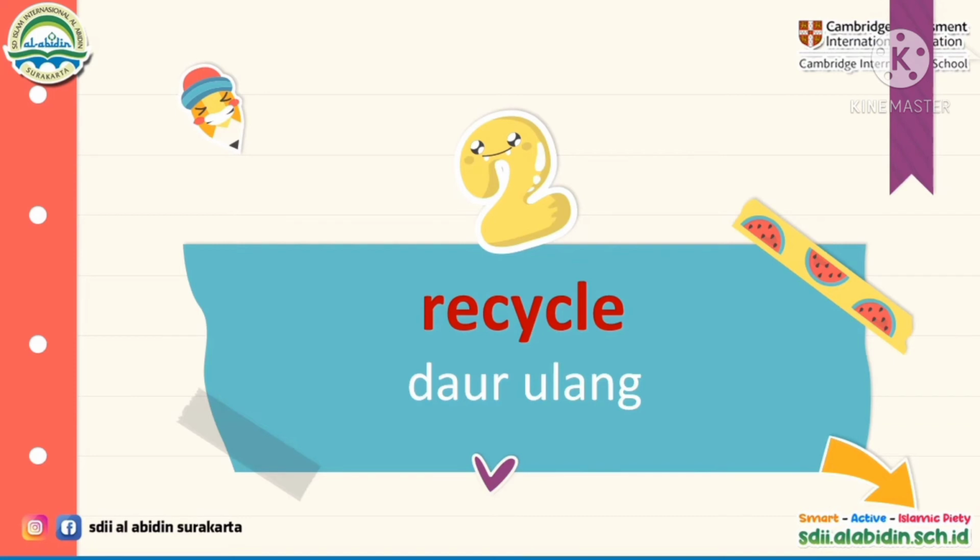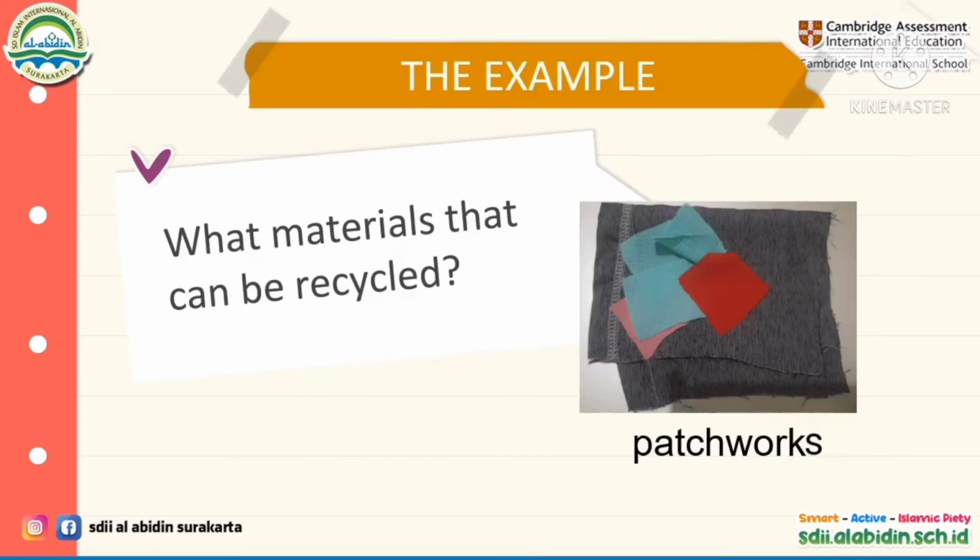Because some things we can still use for something else. For example, we can use the bottles to do something else interesting. So in here we have the kinds of material that we can recycle. For example, patchwork.